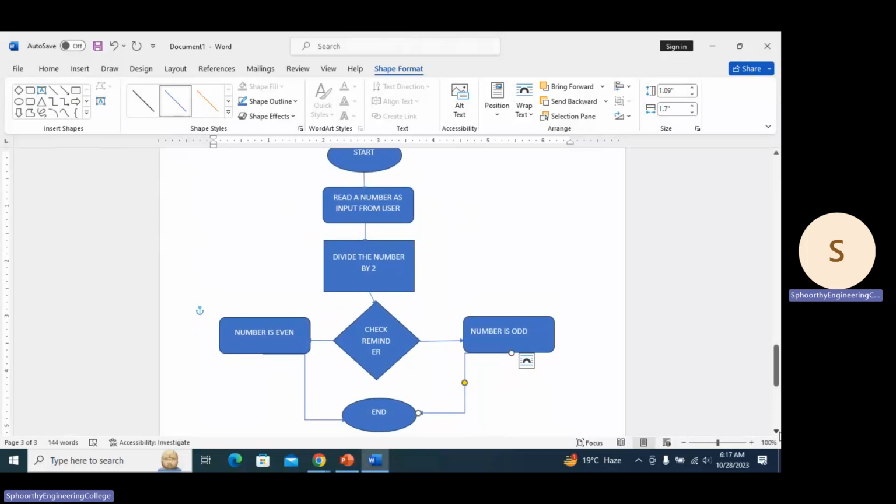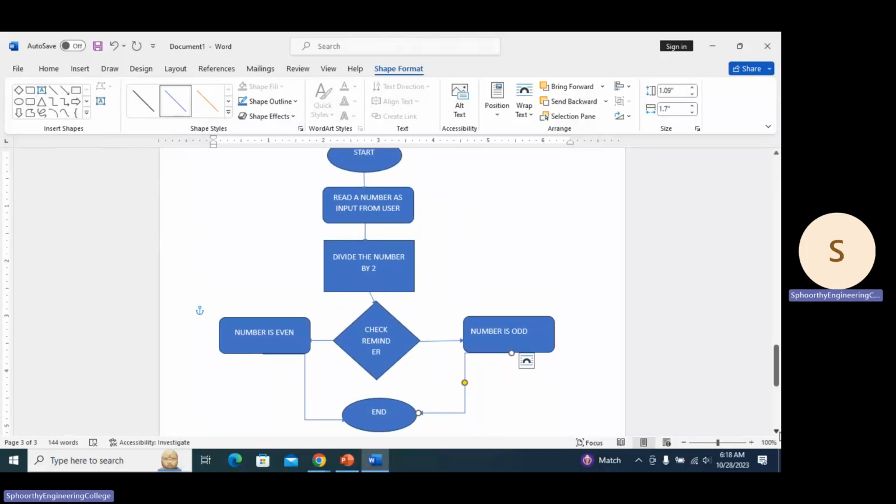Similarly, if my input is 7, 2 threes are 6, remainder is 1, it will print that the number is odd and the program terminates. So the end symbol is connected to both parallelograms, meaning after printing either message, the program terminates.